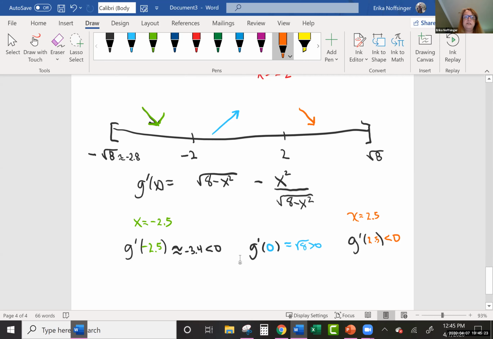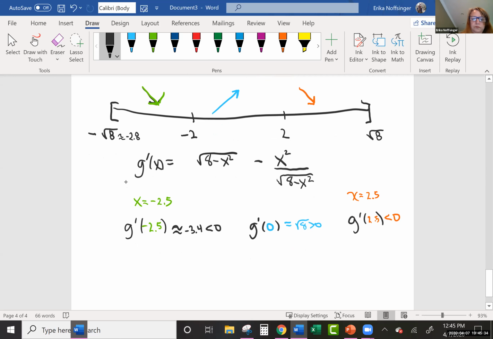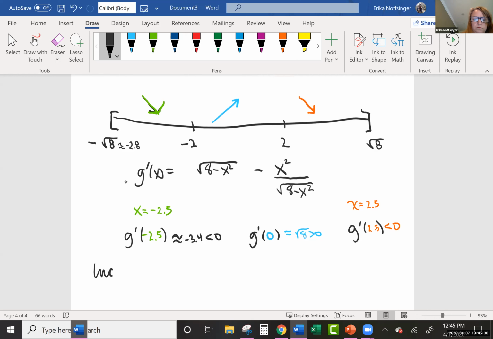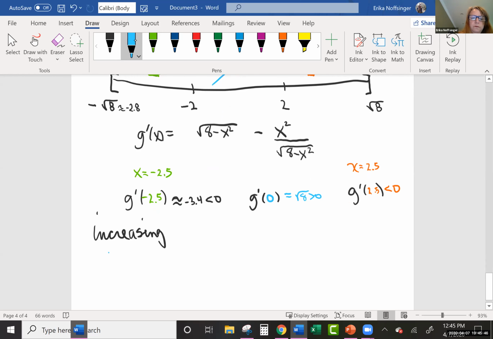Okay, so we just found the intervals where your graph is increasing and decreasing. So it's increasing in between negative 2 and 2.